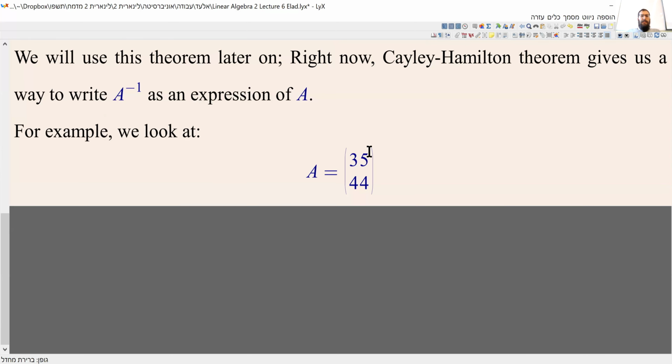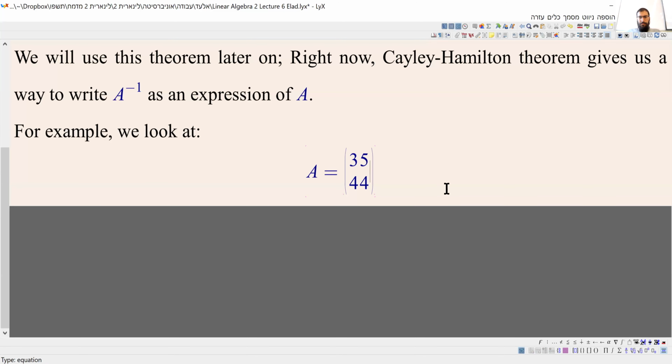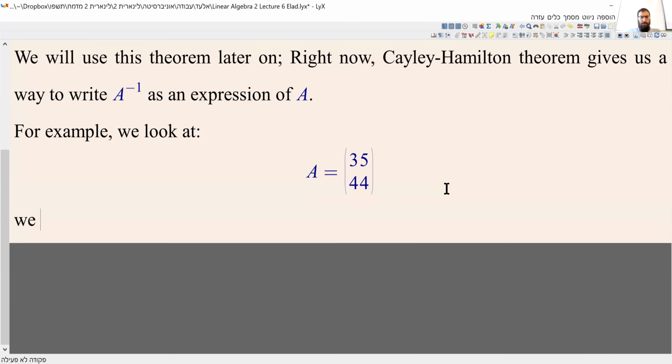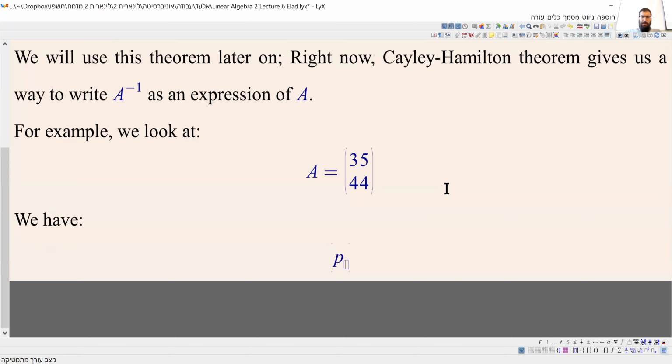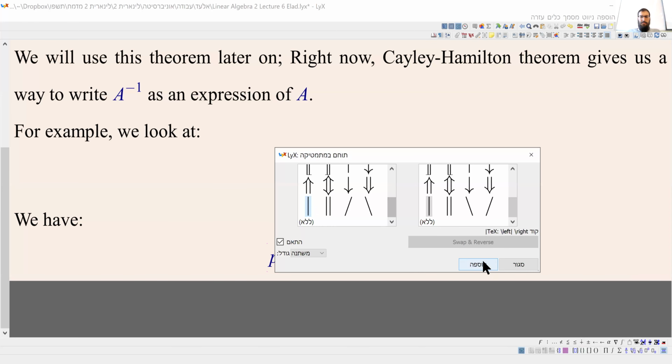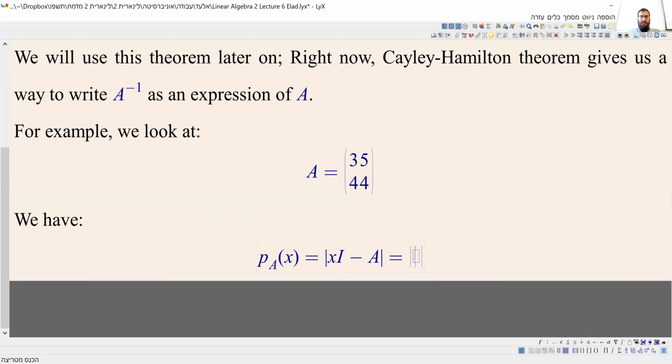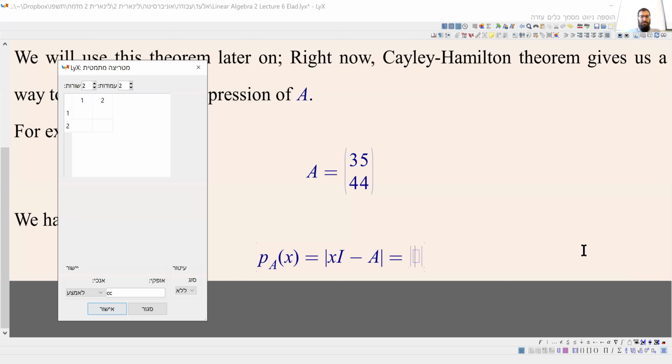Now, the characteristic polynomial of A, easy to find, is just the determinant of xI minus A, in a 2 by 2 matrix, which is not very difficult. Let's write it down explicitly in order to avoid mistakes.